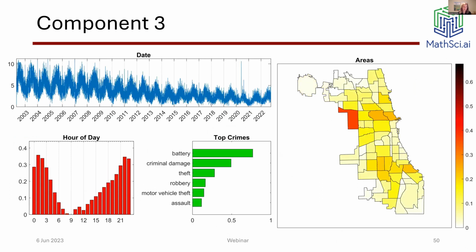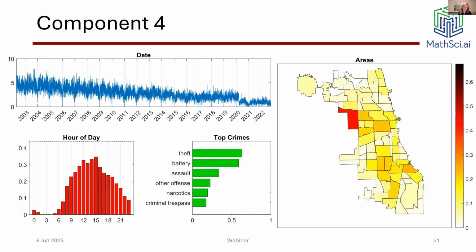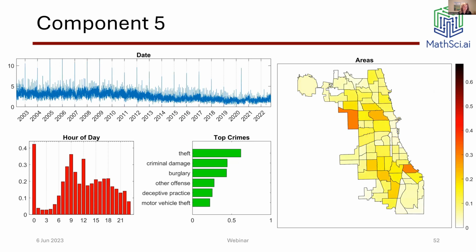And then we have middle of the night crime that is usually some battery, a sort of violent crime, or criminal damage in this area over to the left. This peaks in the summer and in the middle of the night. And these are all trends that are pretty consistent.